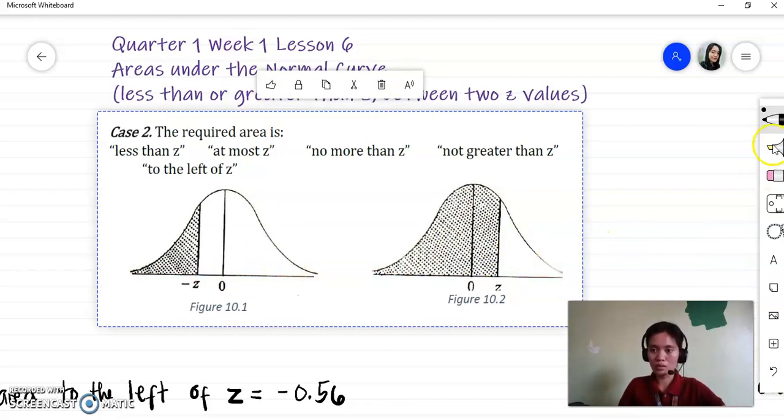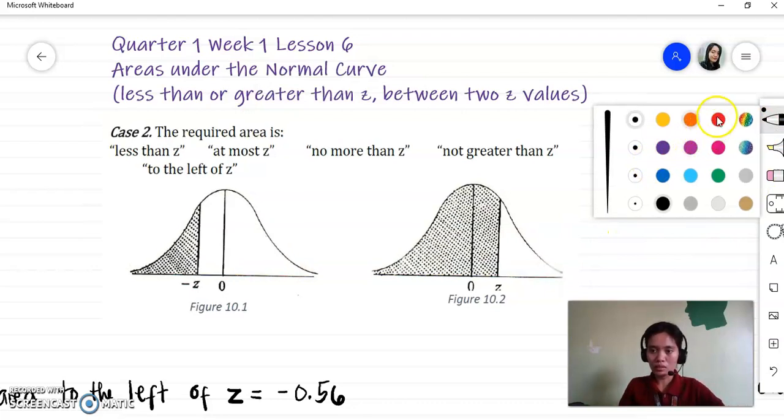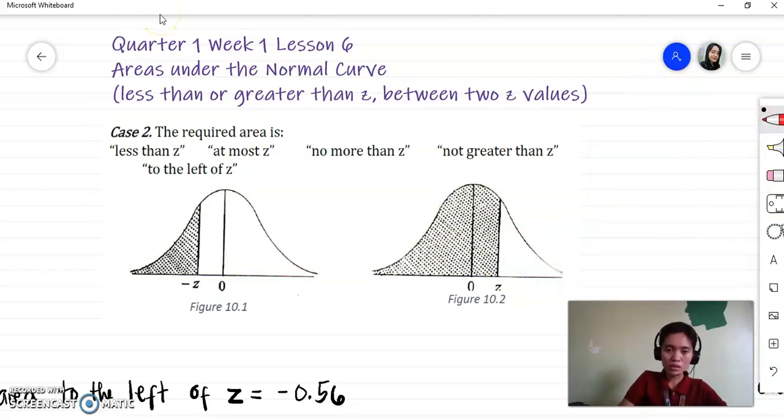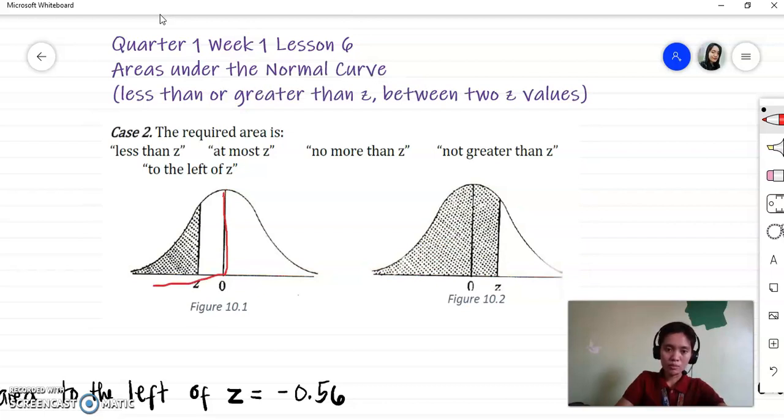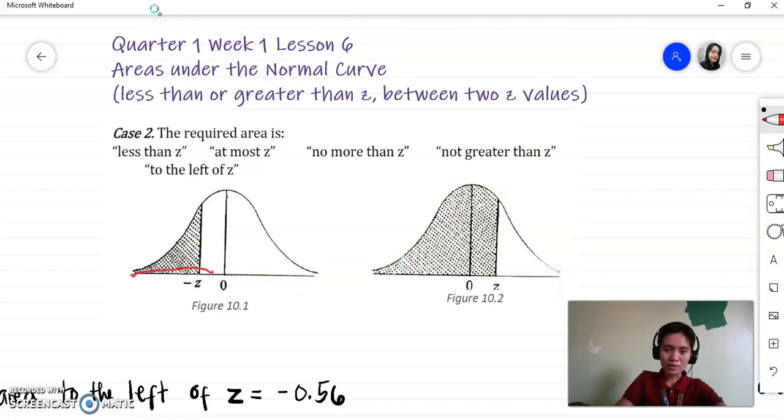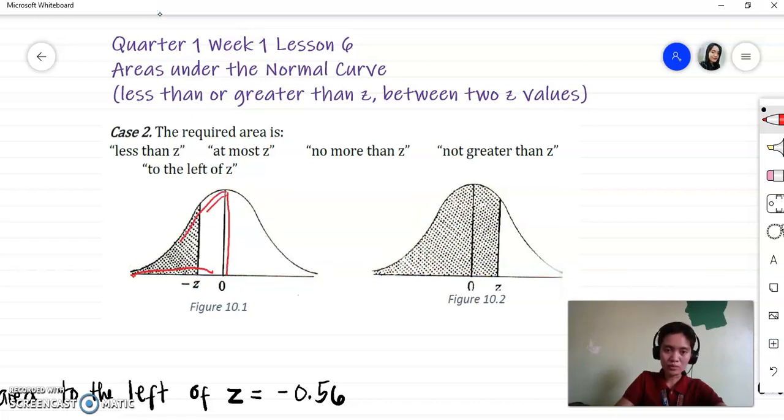What you're going to subtract is 0.5, the half. This is 0.5, right? This side here.